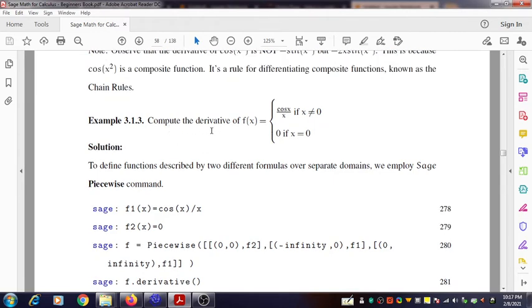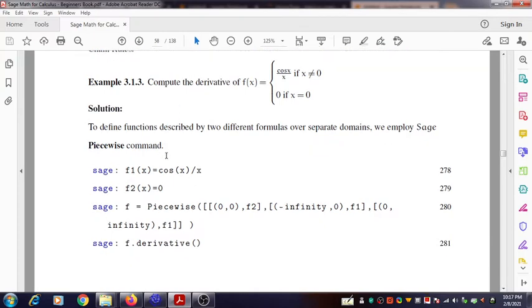This kind of function can be called a split type of function. The main character of this function is that the function expression takes different forms. A function takes different forms in different intervals, or for different values of x, and that is the property of this function. How can we represent this function in SageMath?